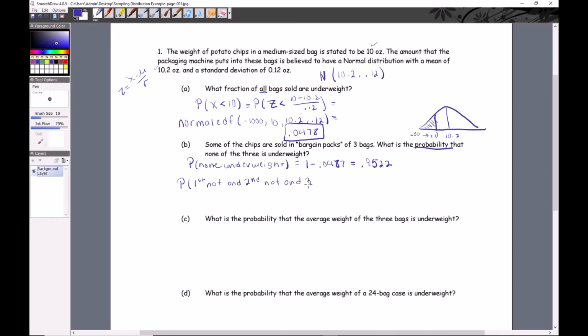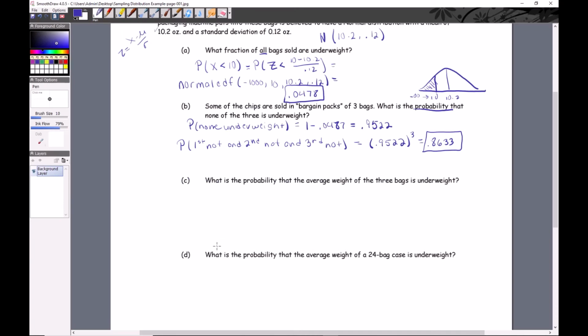So that's 0.9522 raised to the third power, which is 0.8633. That's not really any kind of a normal calculation, just basic probability.